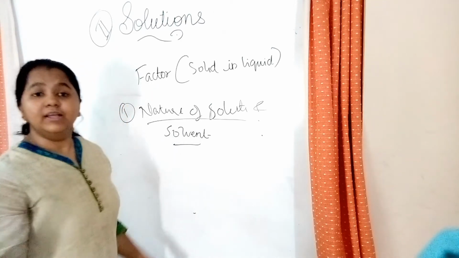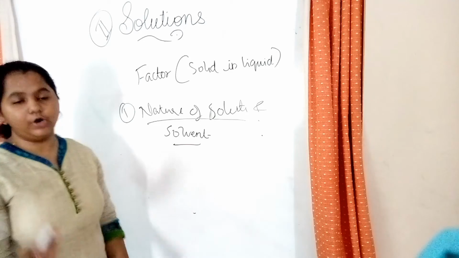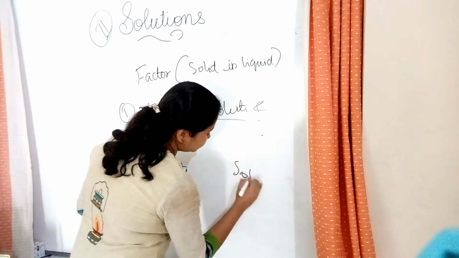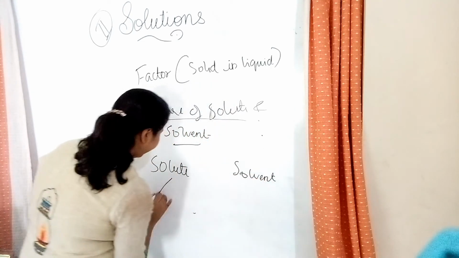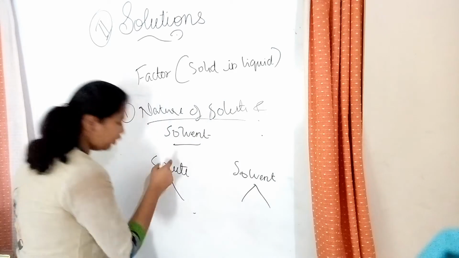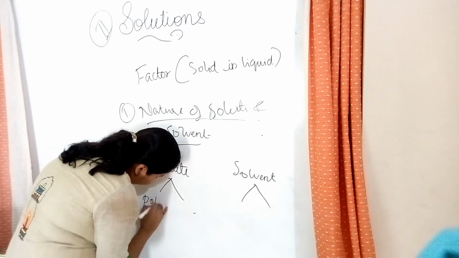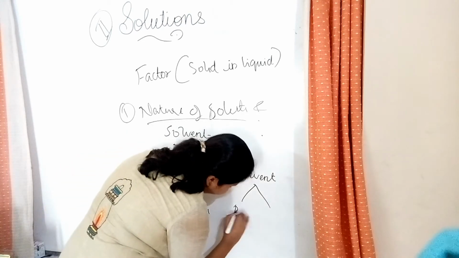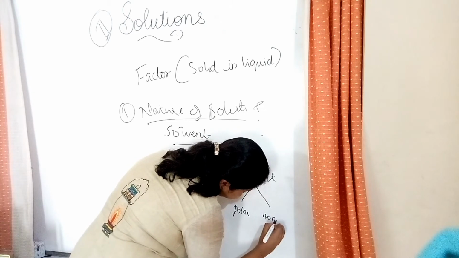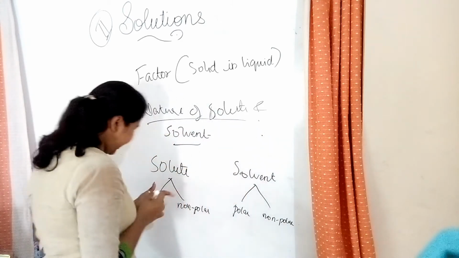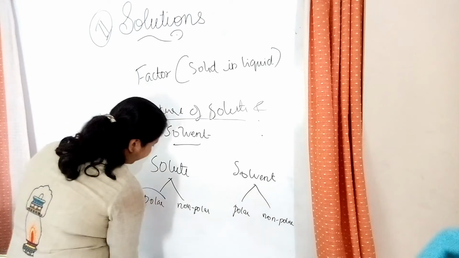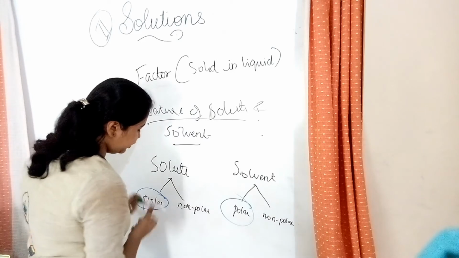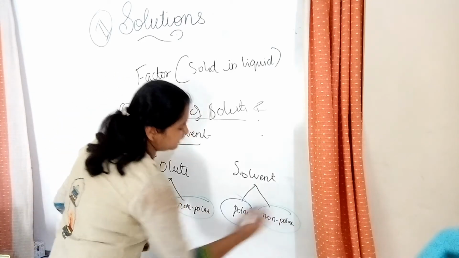Take the solute and solvent, and divide each into two: one polar, the other non-polar. The polar solute will dissolve in the polar solvent, and the non-polar solute will dissolve in the non-polar solvent.